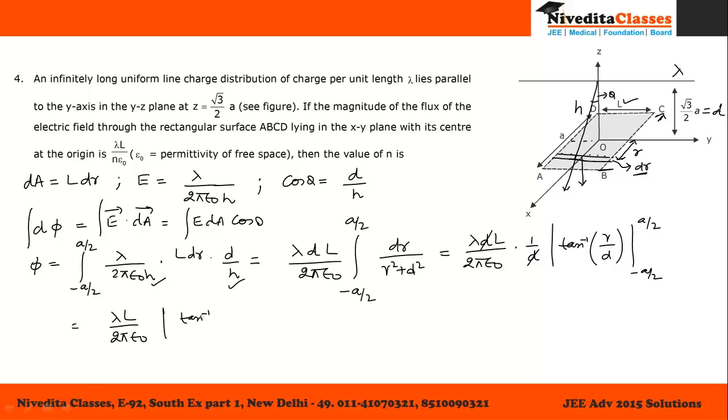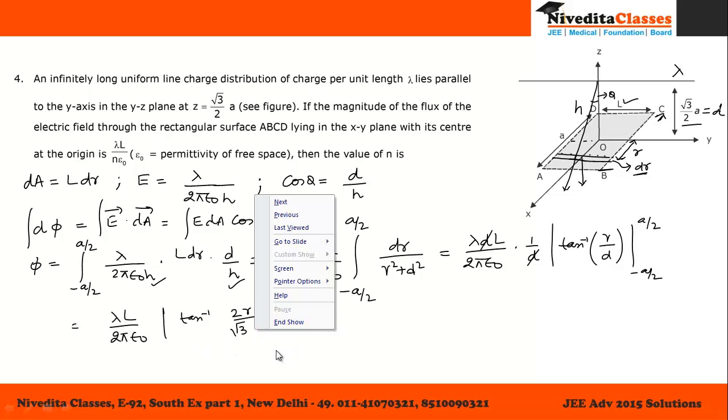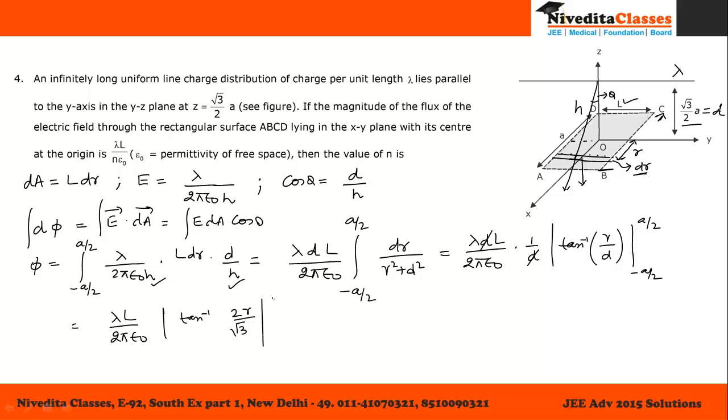Now putting the value of d, which is given to us as root 3 by 2 a, we have tan inverse of 2r divided by root 3 a, from minus a by 2 to a by 2.